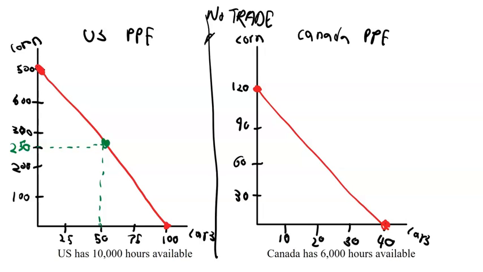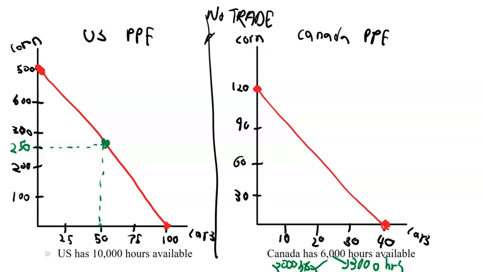I know the lines are not really straight, but it should be a straight line. Canada is also using half its resources for corn and half for cars, so basically 3,000 hours for corn and 3,000 hours for cars.